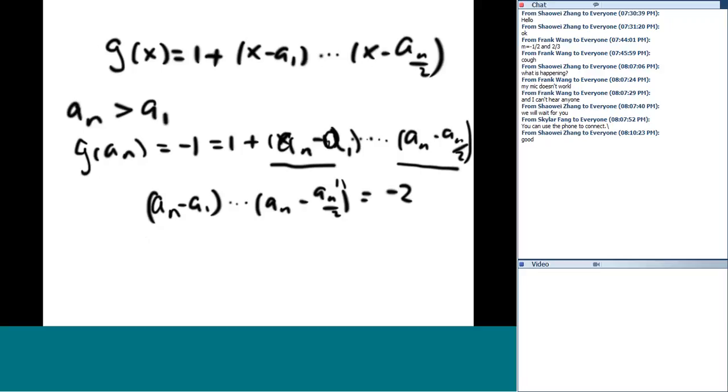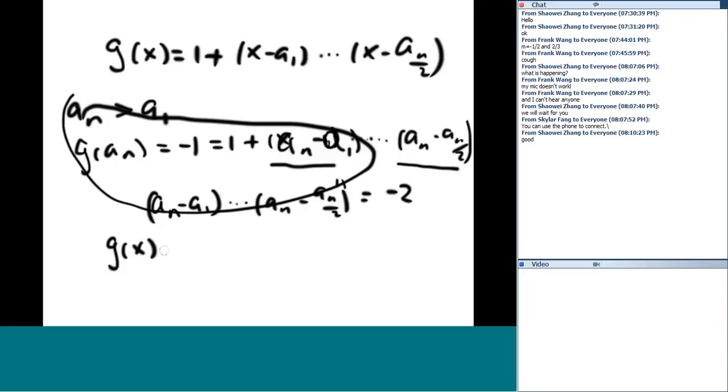Also, we can do another way. Same deal. You don't really have to remember that. You can get Cx equal minus 1 plus x minus a_(n/2+1), then till x minus a_n.